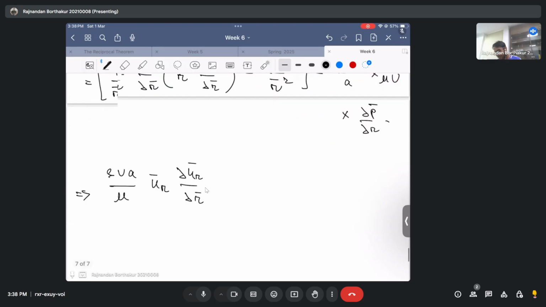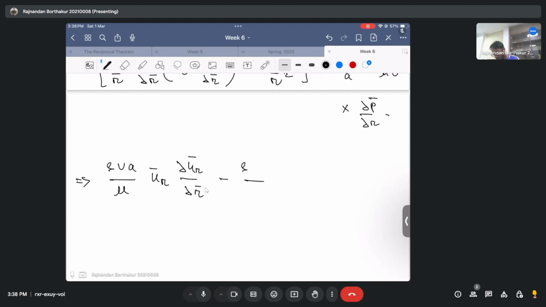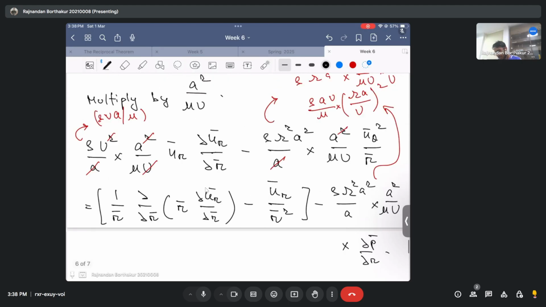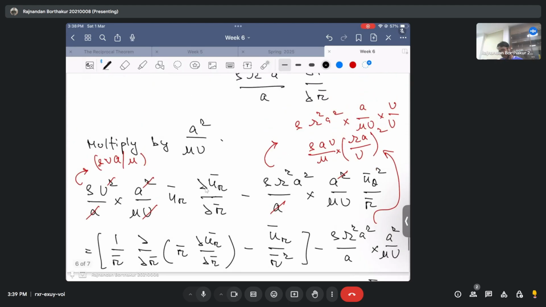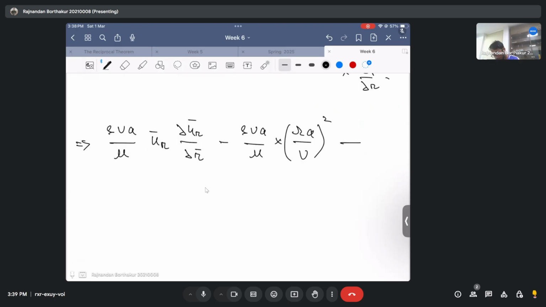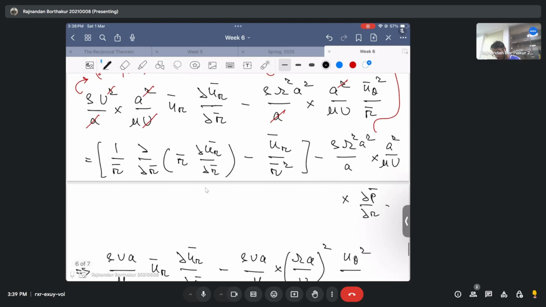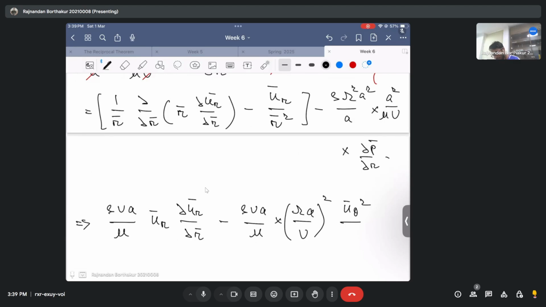The second term I have something like this: rho u_a by mu times (omega a by u) whole squared, and then I have this term, which is u theta bar squared by r bar. These are bar quantities, I forgot to write.